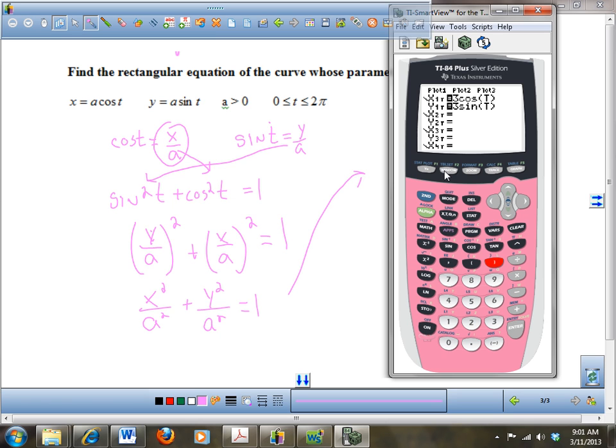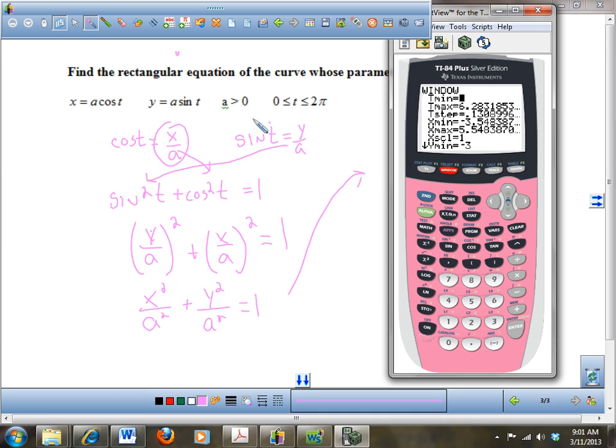So I'm going to go up to window, and this means I'm going from 0 to 2 pi. So I'm going to generate t values just like this, 0 to 2 pi. That's what that means. T step, I don't know where that comes from, but I would have it set as something pretty small, like 0.1 or something like that. Because if you do 1, that means it's just graphing points not very frequently.